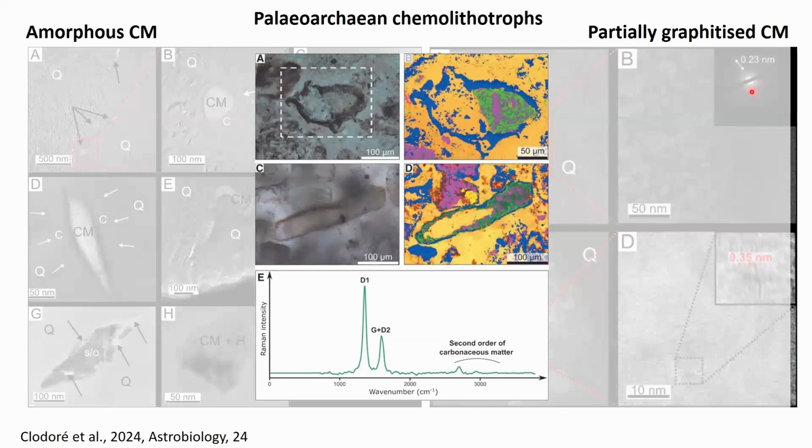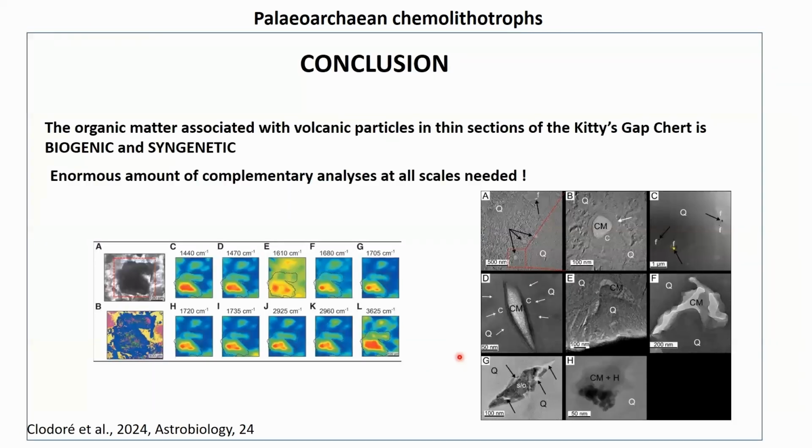Now, the presence of both amorphous and graphitized carbonaceous matter was also determined by the Raman spectrometry, which showed the D peak, which is more amorphous, and the G peak, which is more graphitized. So we have a mixture of the two types. But this is also what is to be expected in ancient material of this age.